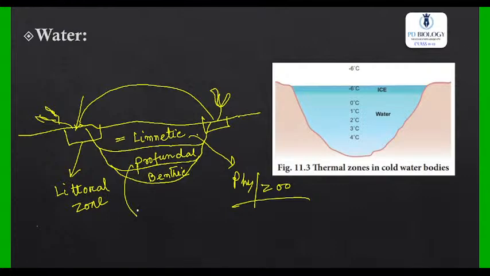The profundal zone, almost no sunlight reaches in this zone. Some swimming animals are there. And the benthic zone, so no sunlight reaches in this zone.